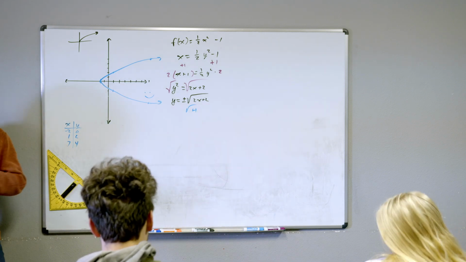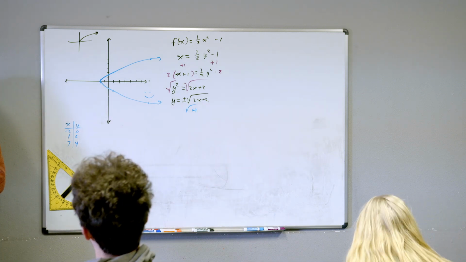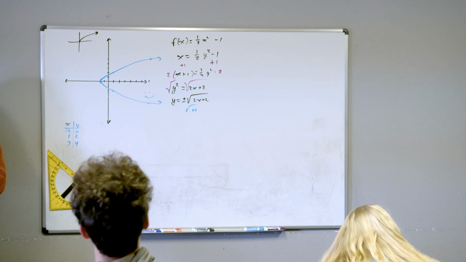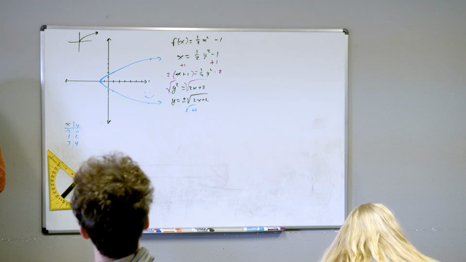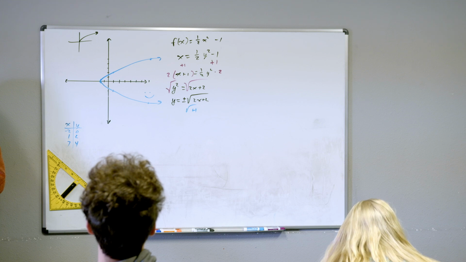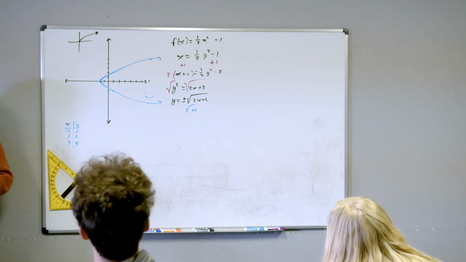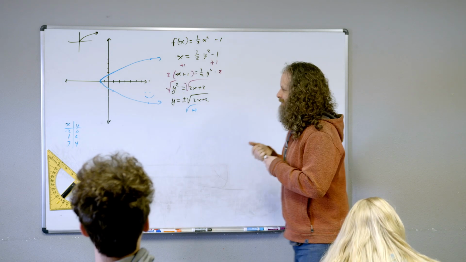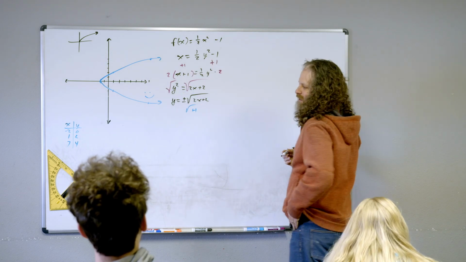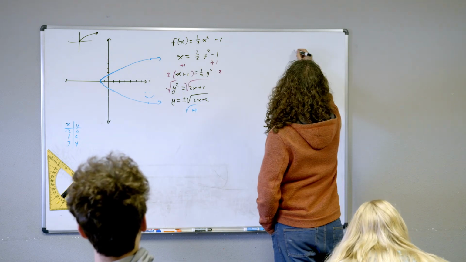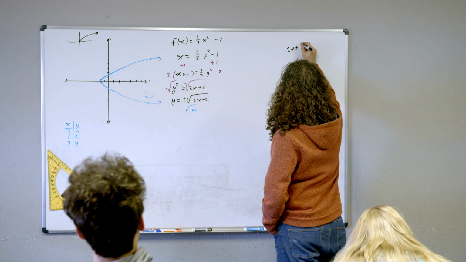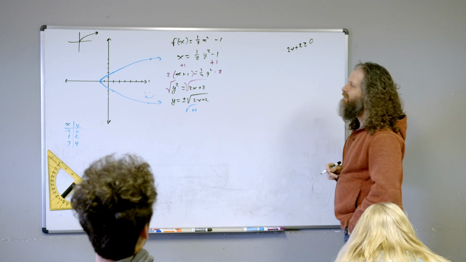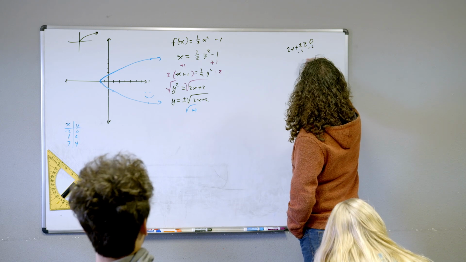What else? How do we find the domain and range of a square root? What can x not be? Well, the whole thing can't be a negative. So what expression would say that? X cannot equal negative something. It's got to be greater than or equal to 0. Subtract 2, 2x.